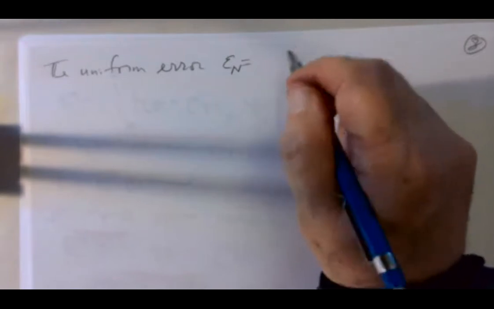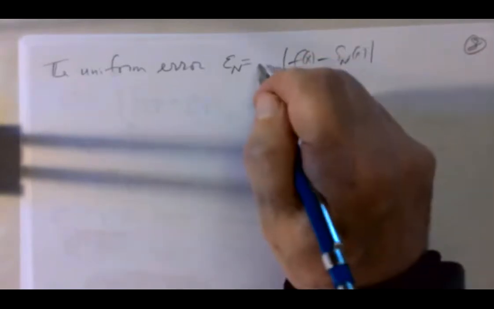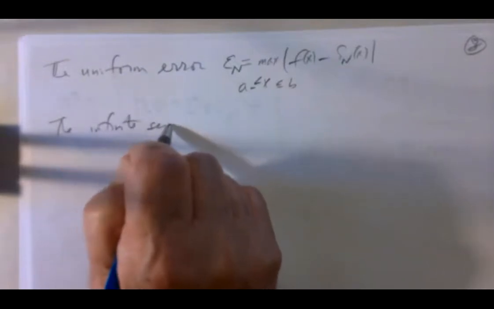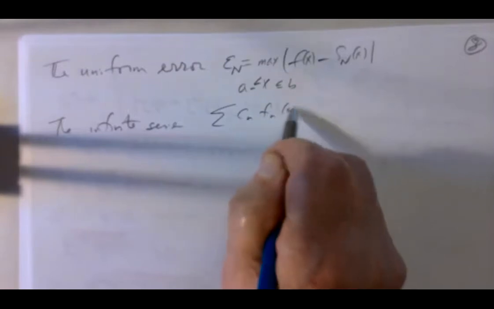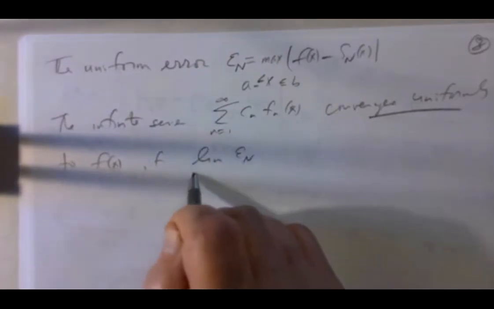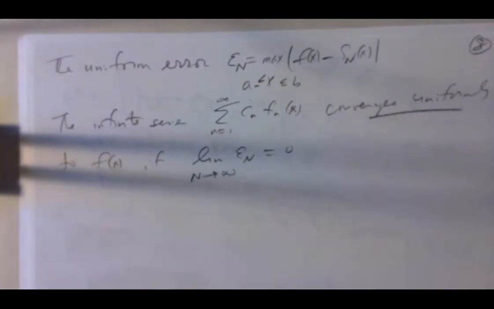We look at the pointwise error, f of x minus Sn of x in absolute value, and we ask for the largest this can be, the maximum for any x between A and B. So we say that the infinite series, remember, summation Cn Fn of x, converges uniformly to f of x if the limit of epsilon n goes to 0.